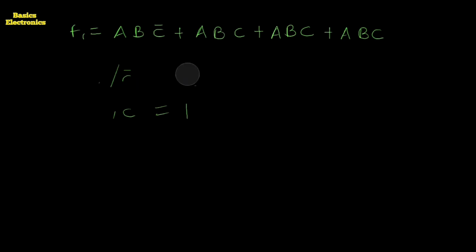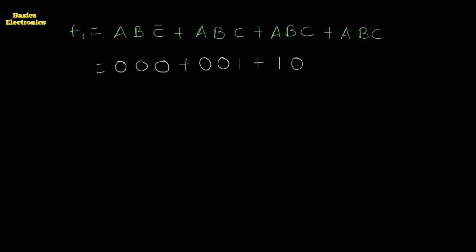So here the F1 equation can be given like this: F1 equals 0 0 0 plus 0 0 1 plus 1 0 1 plus 1 1 1. 0 0 0's equivalent is 0, plus 0 0 1's equivalent is 1, plus 1 0 1's equivalent is 5, plus 1 1 1's equivalent is 7.